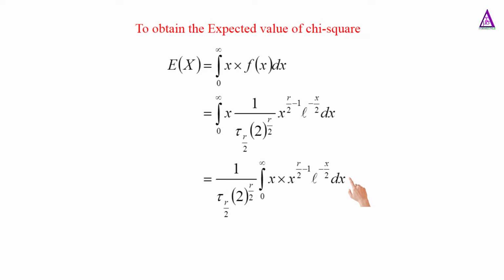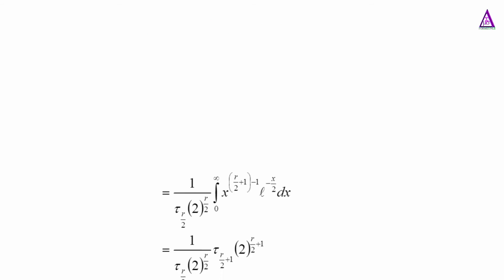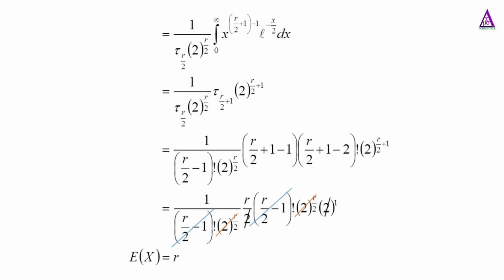This gives us, we factorize 1 divided by gamma of r divided by 2, into the bracket 2 raised to power r divided by 2, out of the equation. So the result is now equal to 1 divided by gamma of r divided by 2 into the bracket 2 raised to power r divided by 2, integral from 0 to infinity of x raised to power r divided by 2 plus 1, close the bracket, negative 1. The plus 1 that we have here is the x of the previous equation.